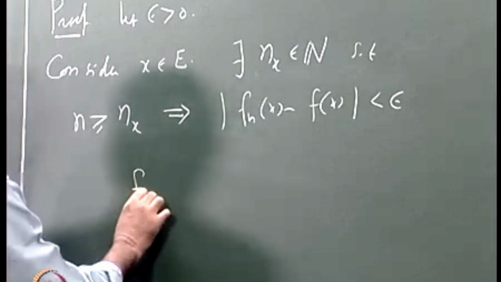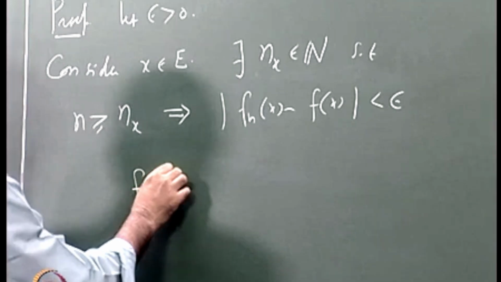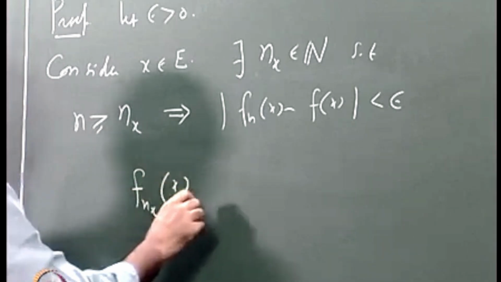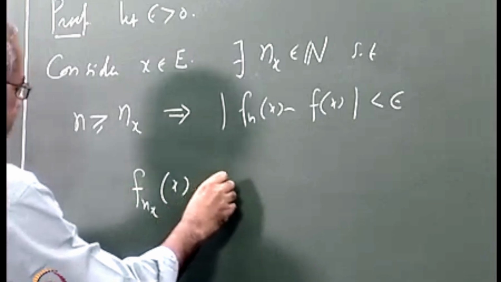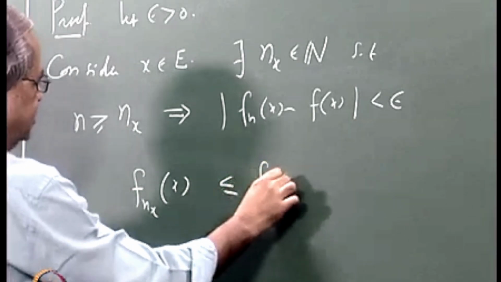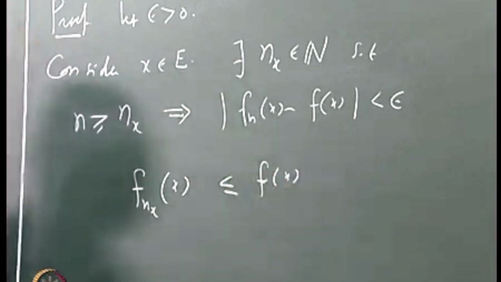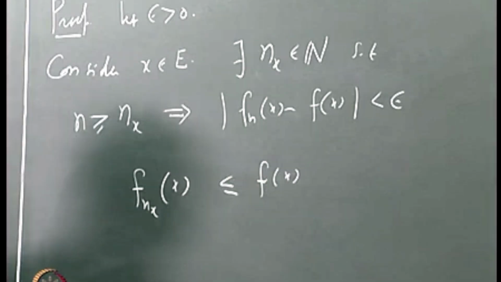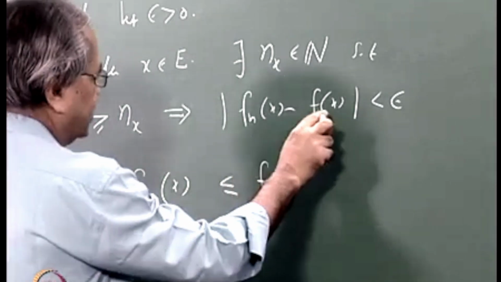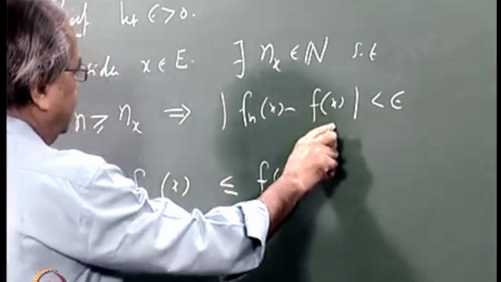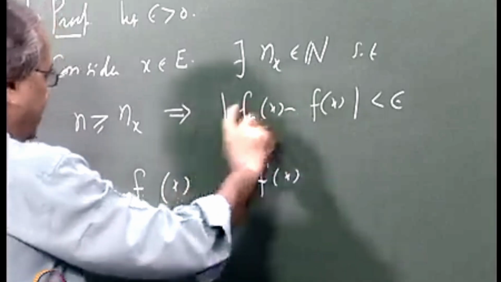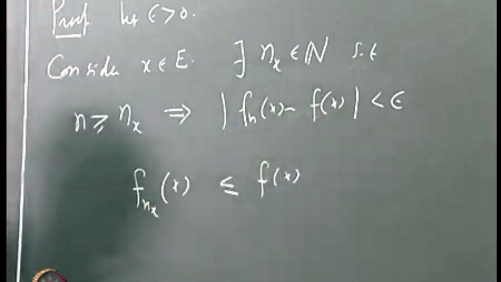We of course know that f_n at x is always less than or equal to f(x). But because f_n(x) minus f(x) is less than epsilon, it means that f_n(x) lies between f(x) minus epsilon and f(x) plus epsilon.